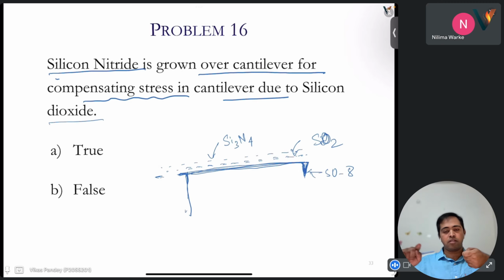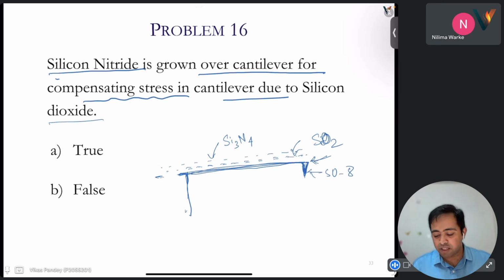Ideally it should remain straight, right? But if you keep it like this, it will try to move upwards. That is thicker than what we are thinking here. So it is due to the stress that is on the top surface.